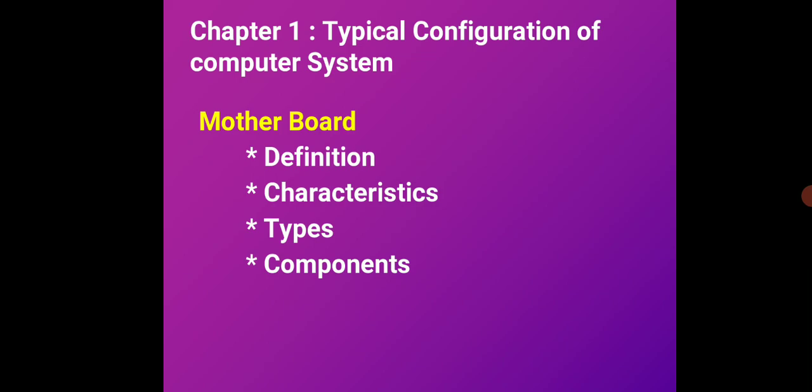The components of the motherboard are BIOS, CMOS, expansion slots, ports, disk controller, bus. Also study types of bus, types of ports, types of slots, and types of expansion slots.